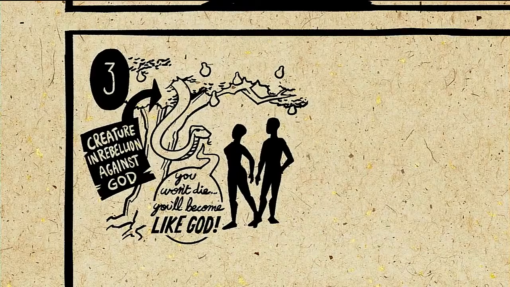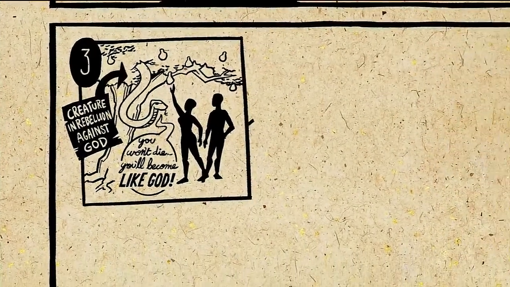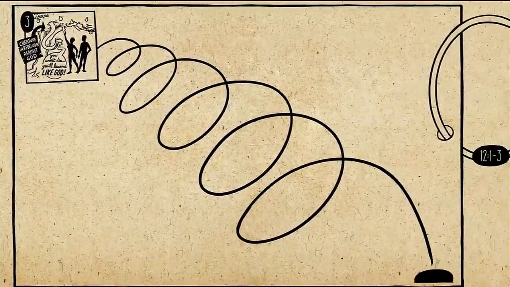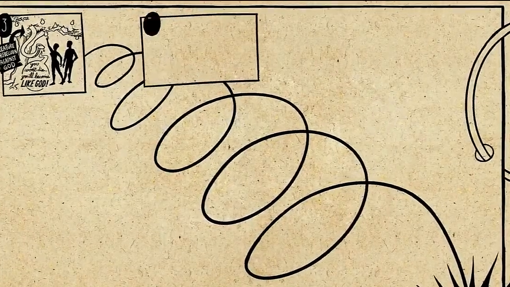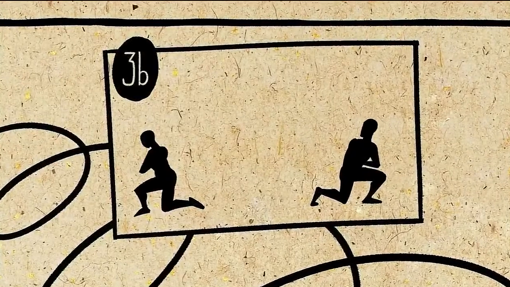Now, the irony of this is tragic, because we know the humans are already like God. They were made to reflect God's image. But instead of trusting God, the humans seize autonomy, they take the knowledge of good and evil for themselves, and in an instant, the whole story spirals out of control. The first casualty is human relationships. The man and the woman suddenly realize how vulnerable they are. Now, they can't even trust each other.